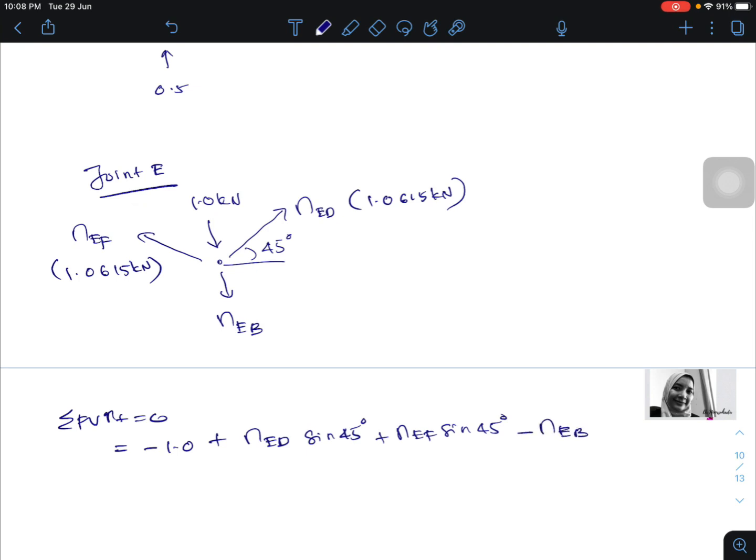Then we substitute all values into this equation to determine NEB. In this case, NEB becomes 0.5 kilonewton.